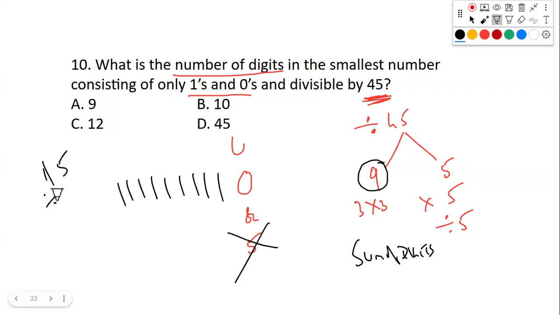Please understand this. 15 is divisible by 3 because 5 plus 1 is equal to 6, but 15 is not divisible by 9. So the sum of the digits should be equal to 9 or a multiple of 9. That is the reason why, Manideep, you cannot have this. If I add the ones in whatever you have written, 10, 10, 10, 10, 10, I find 5 ones. The sum of ones is 5, which is not divisible by 9.